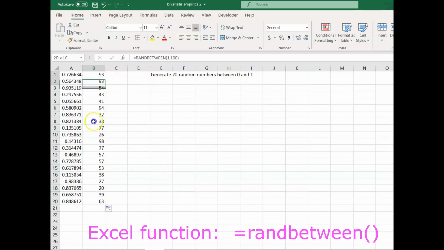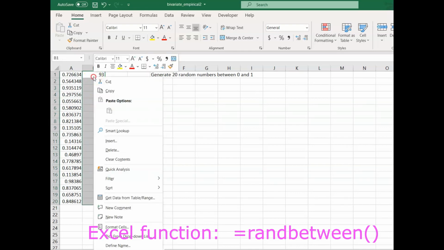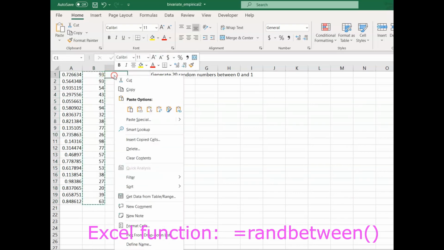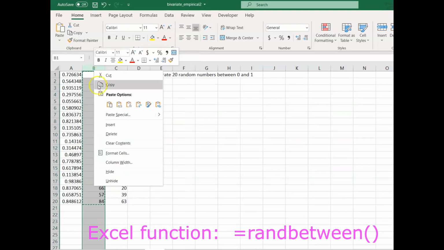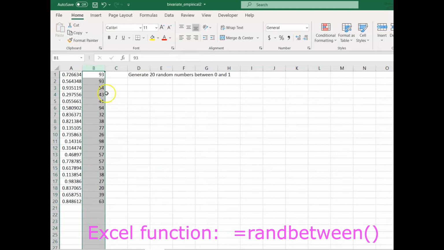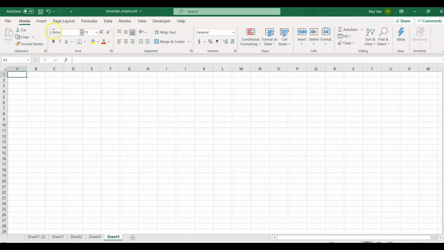Again, if we change other cells, then it will automatically change. Okay. One way to fix it is we use copy and paste. Copy, paste as value. Then we can fix our random numbers. So this is how to generate random numbers.